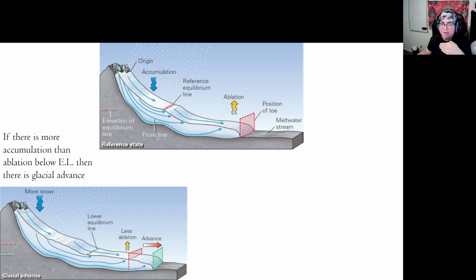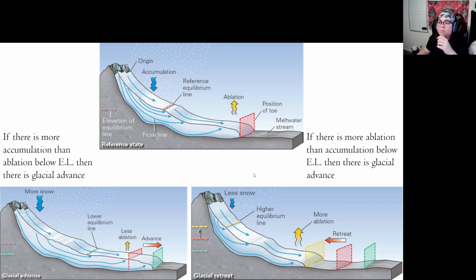Our toe has now moved forward, and the equilibrium line is now below. However, if we have more ablation than accumulation, then that causes our toe to retreat. It moves uphill, and the equilibrium line moves uphill as well.